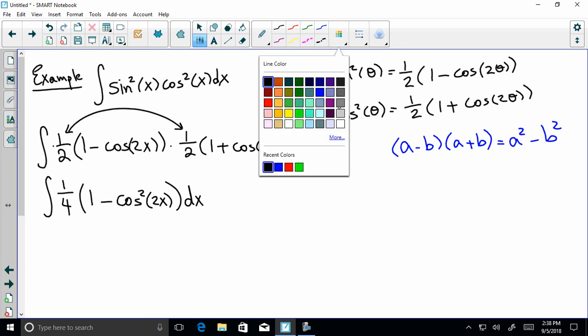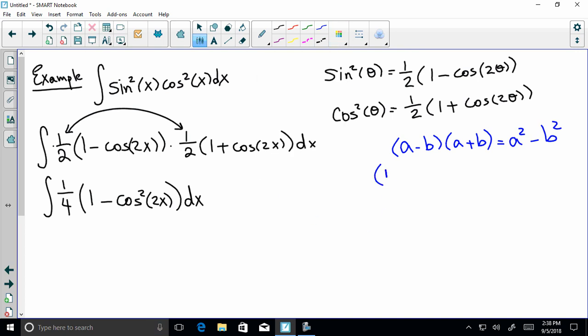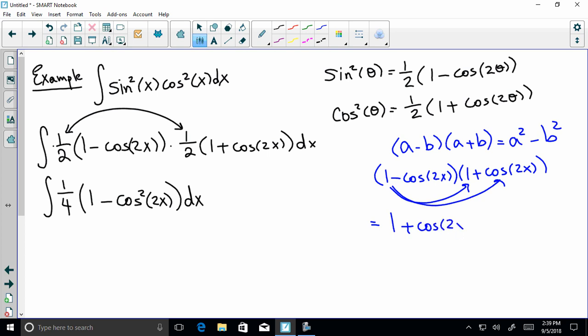I'll write it here just in case anybody needs it. 1 minus cosine of 2x times 1 plus cosine of 2x. 1 times 1 is 1. 1 times cosine of 2x is cosine of 2x. Then minus cosine of 2x times 1 is cosine of 2x. Then cosine of 2x times cosine of 2x is cosine squared. Right?